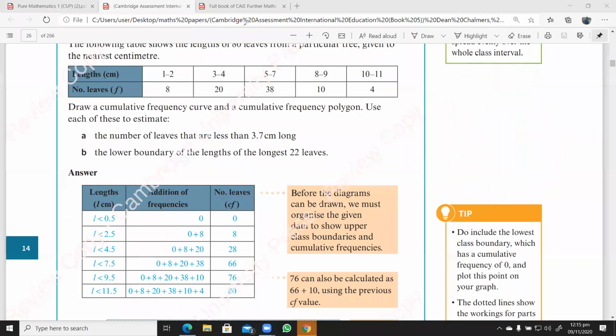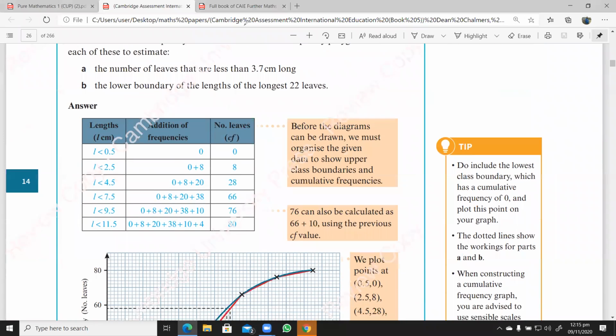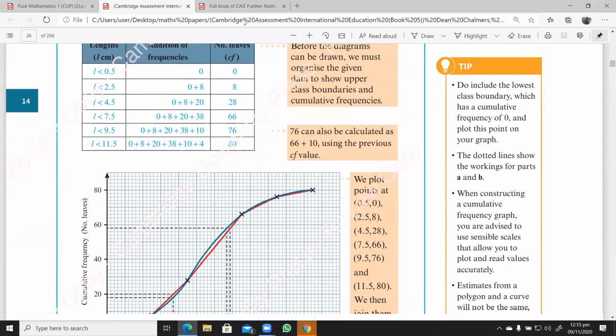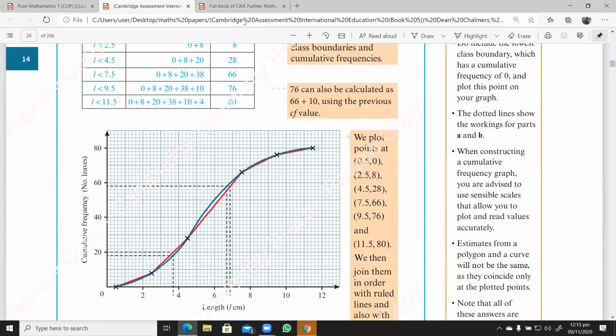Now you see how this curve has been drawn. So there's one change in this. You guys have only done the cumulative frequency curve. Now you can be asked to draw the cumulative frequency graph as well.